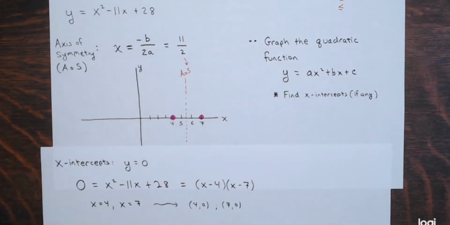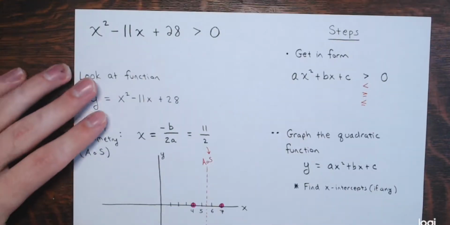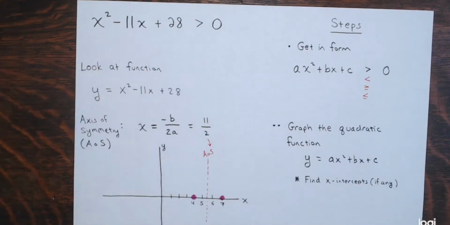Alright, so once I know where the x-intercepts are, and the axis of symmetry, that's all I really need to be able to draw enough of a sketch of the parabola to help me solve the inequality. And I'll show you what I mean here in a second. Now looking at this, I got my intercepts, (4, 0) and (7, 0).